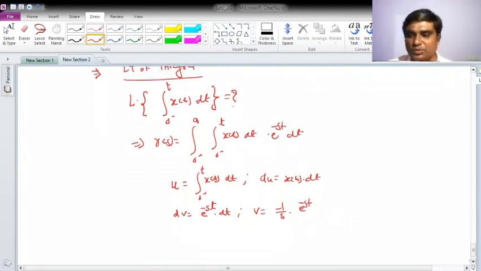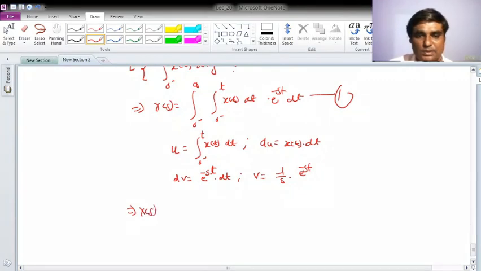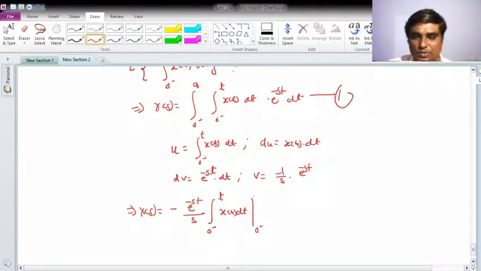So if you substitute in this equation, I'll omit two or three steps, so I can write by taking directly: minus e raised to minus st over s times the integral from 0 negative to t of x of t dt, evaluated from 0 negative to infinity, plus 1 over s times the integral from 0 negative to infinity of x of t into e raised to minus st dt.